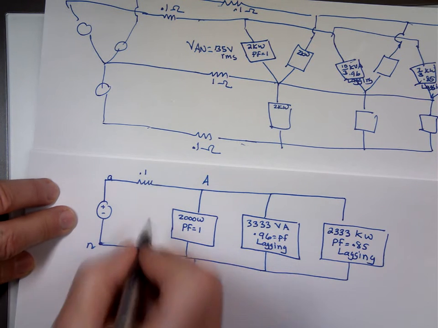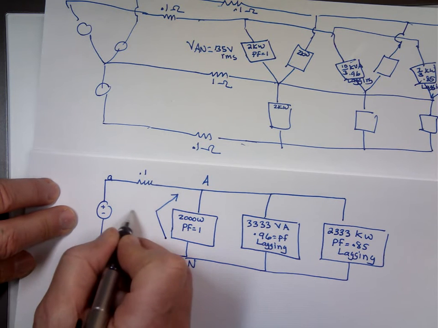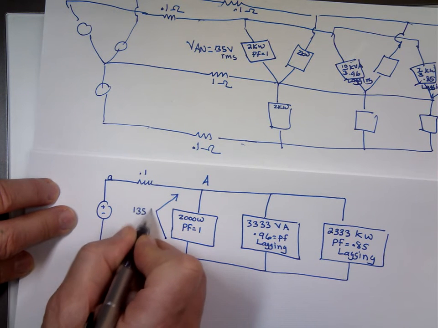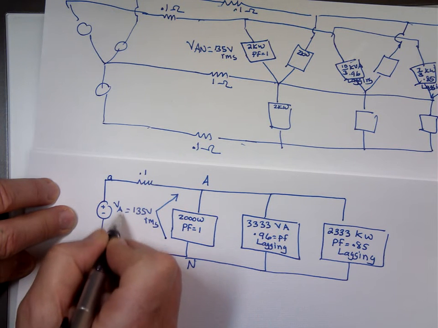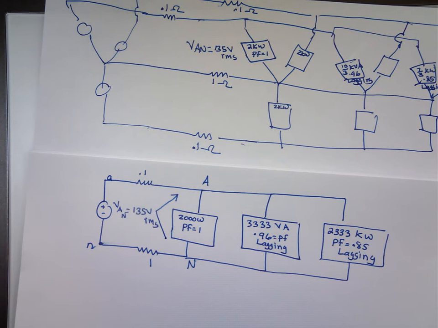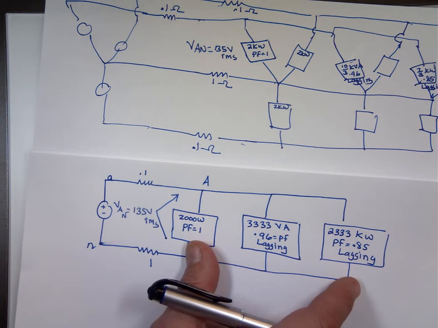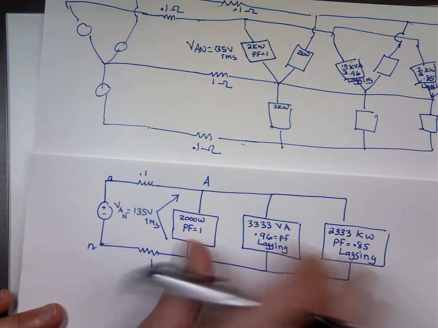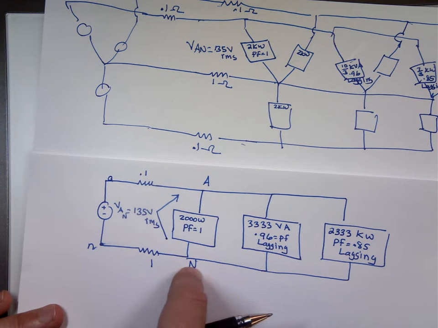And the only other thing I know is the voltage right here, with the plus here and the minus down here. This is 135 volts RMS. Wouldn't that be before the resistor or not? Before the resistor, that's the line. That's the load. So it says the load voltage here. Notice what I drew between A and N, that's the line.